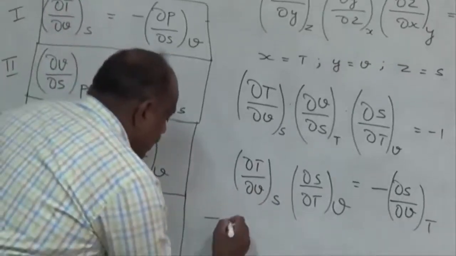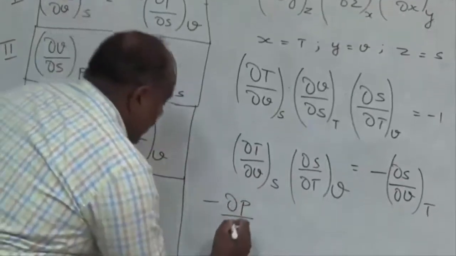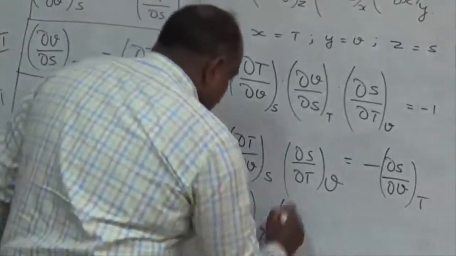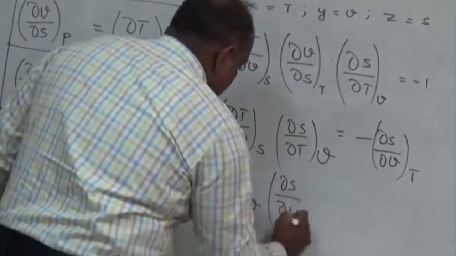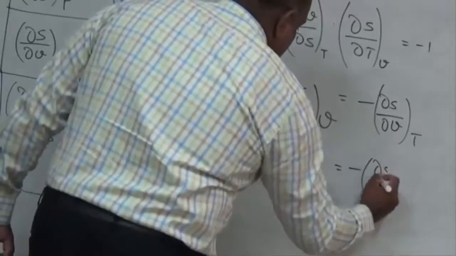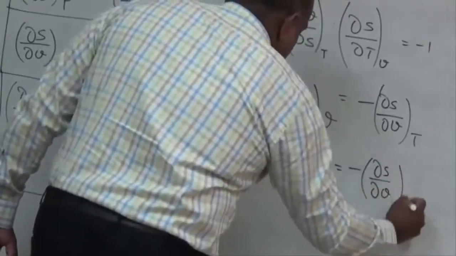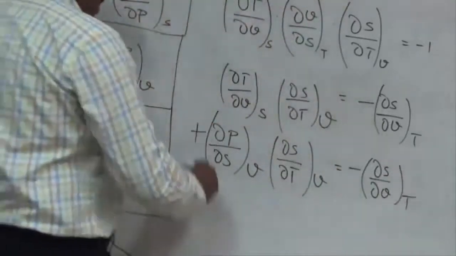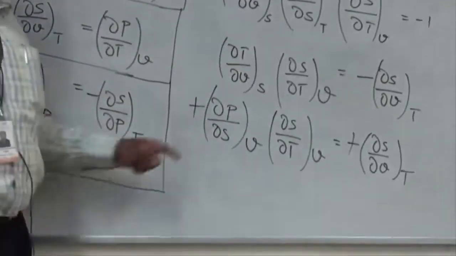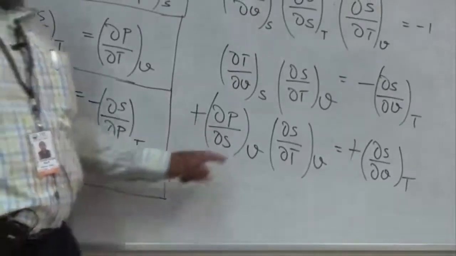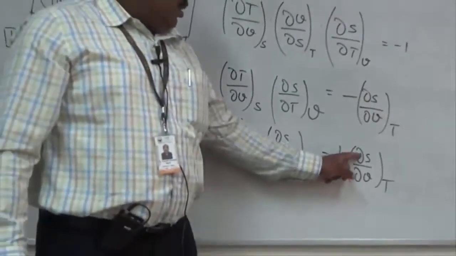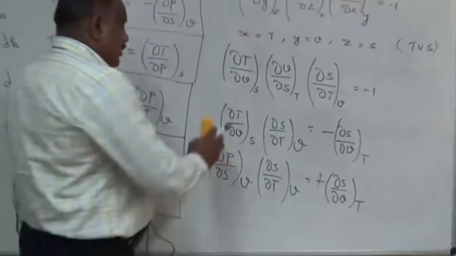So it is minus ∂P/∂S at constant volume into ∂S/∂T at constant volume equal to minus ∂S/∂V at constant temperature. Now multiply both sides by minus sign, the minus sign will go away. So we end up with ∂P/∂S at constant volume into ∂S/∂T at constant volume is equal to plus ∂S/∂V at a constant temperature.